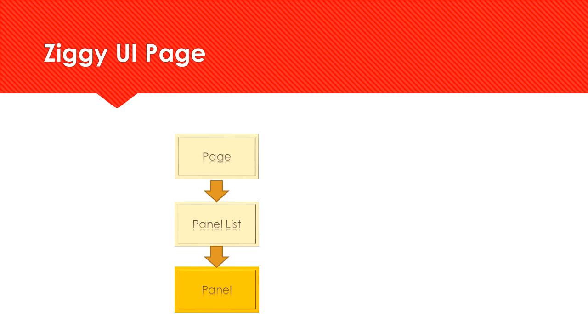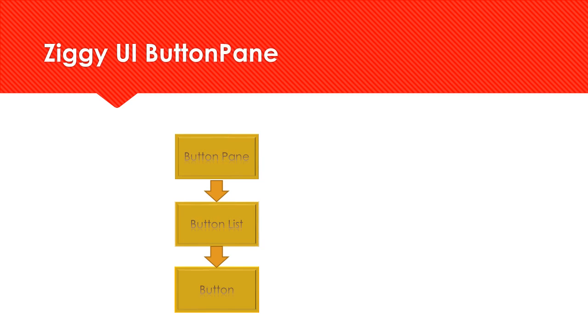Here you see an example of referencing. A Ziggy page refers to a panel list, and a panel list refers to panels. This is another example. A panel refers to a pane list, and every entry in the pane list refers to a pane. And now, the example of the button pane.